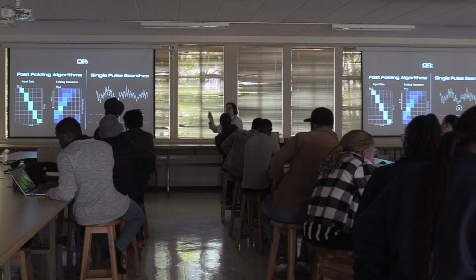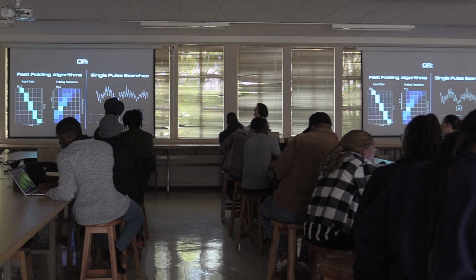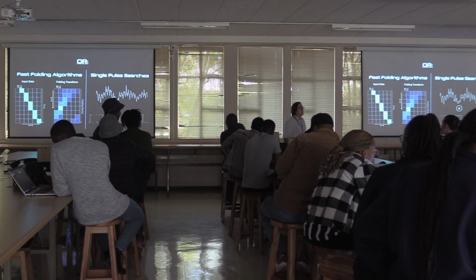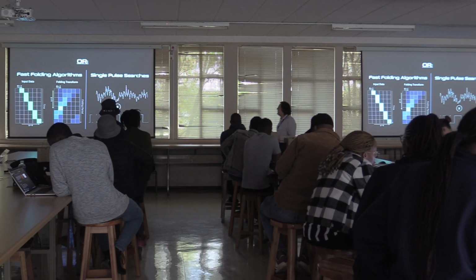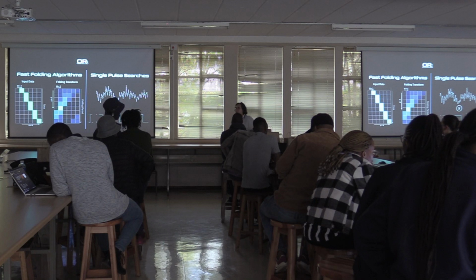If there's a spike that equals the width of the boxcar filter, it will have a high signal-to-noise ratio. So we're trying to find signals that maximize the signal-to-noise ratio at a particular width increment. Again, it's a simple algorithm, and it is very computationally expensive.